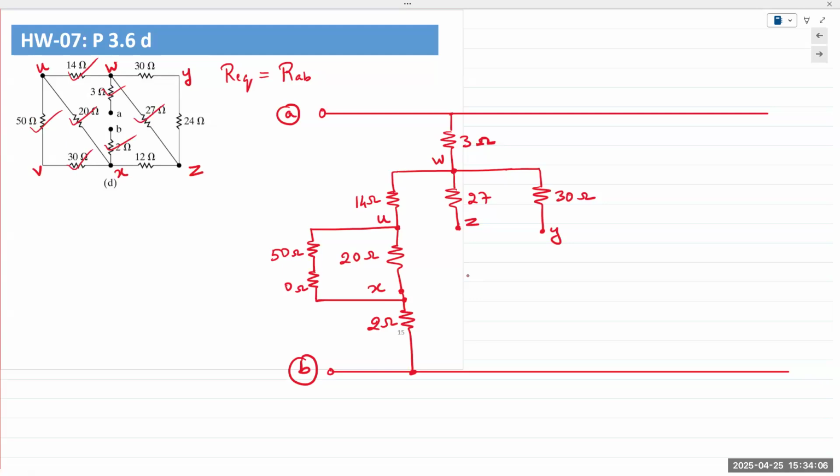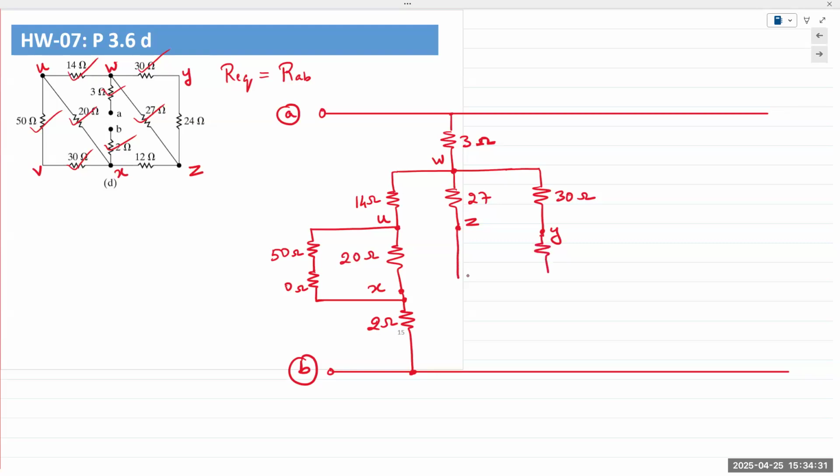And with 27, we're also done with 30. The only ones that are left are the 24 and the 12 ohm resistor. So let's work on those. Between W and Z, we had 27. And between W and Y, we have 30. And from Y to Z, we have 24.